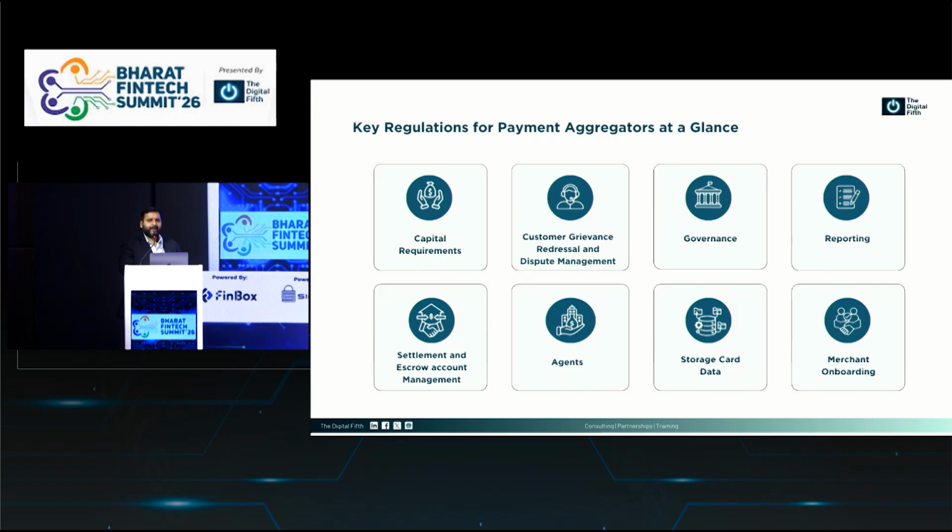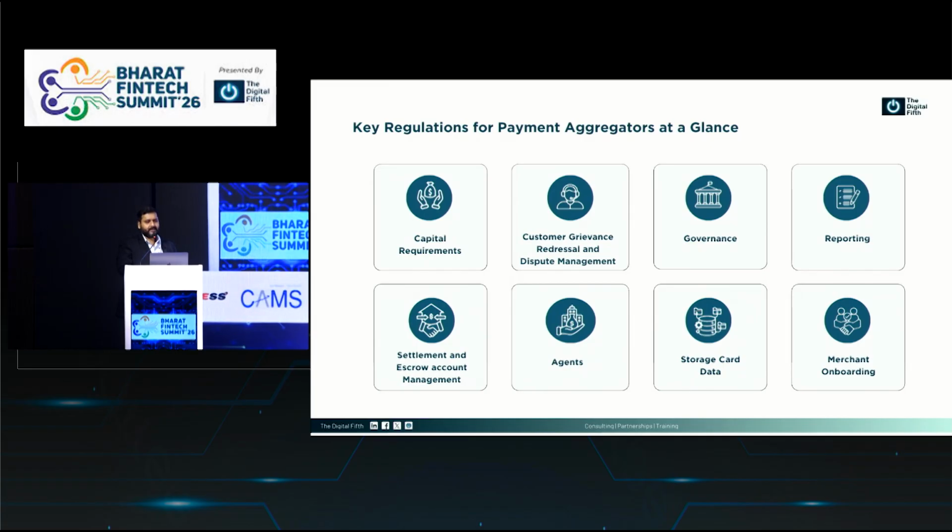In India, a payment aggregator is a licensed entity, so you have to comply with all the relevant regulations and all the technical regulations as well. There are also recent regulations on settlement and escrow management, because how many escrow accounts a payment aggregator can have with the bank is limited under these regulations.